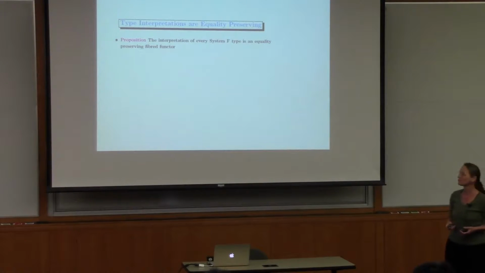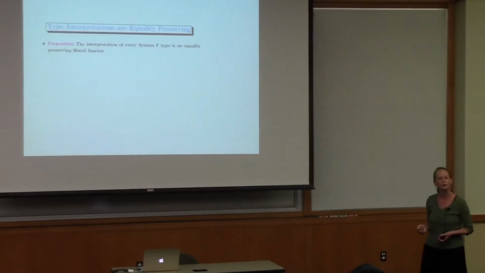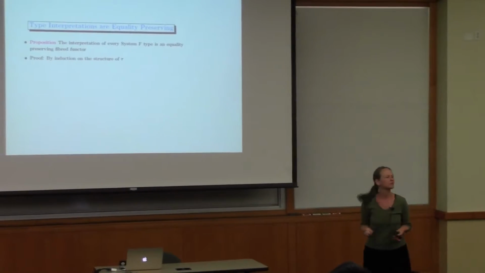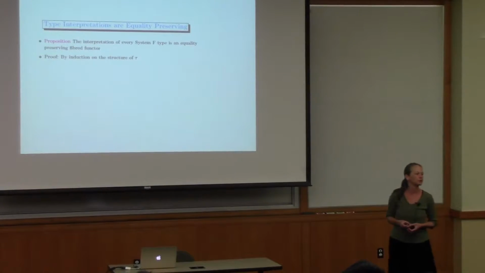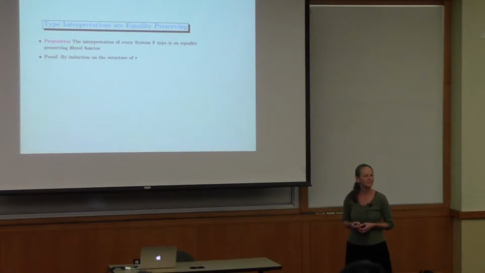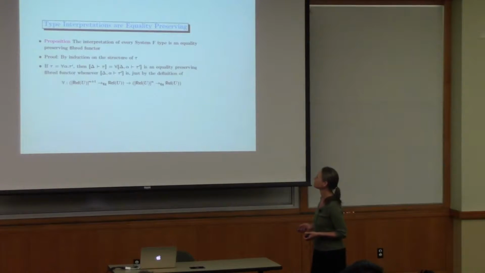So let's stand back and make sure we have that. The interpretation of every System F type is an equality preserving fibered functor. That's a proposition. I'm not going to prove it here, but the proof is just an induction on the structure of tau, so you can prove it for yourself. I can't remember if it's in the exercises or not, but if it isn't, it should be.